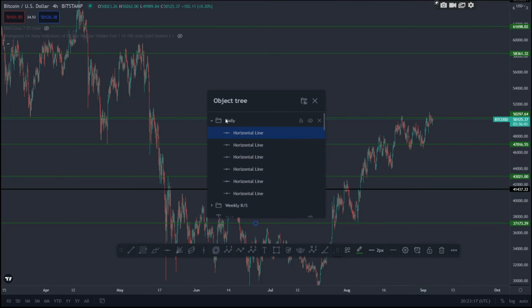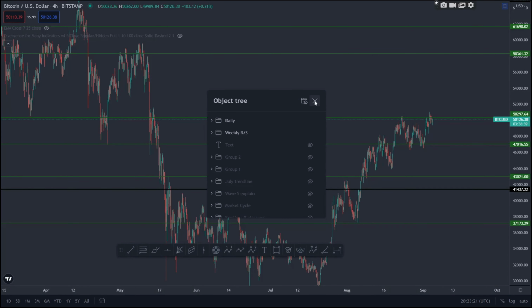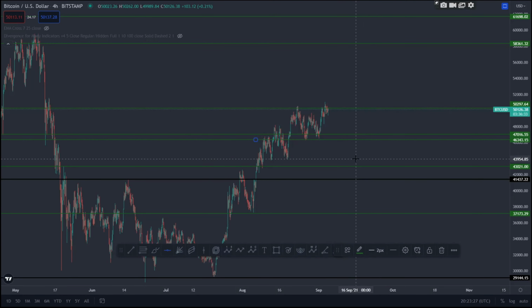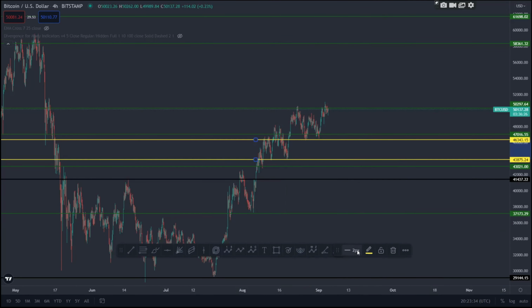Again, you can hide these and put them back again. Now I have other areas that seem important, and I'll make them a different color for you guys, and a little thinner. And just keep drawing.